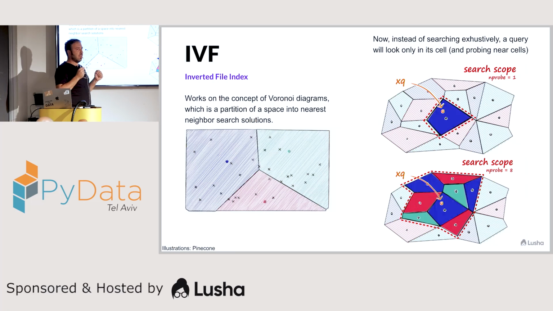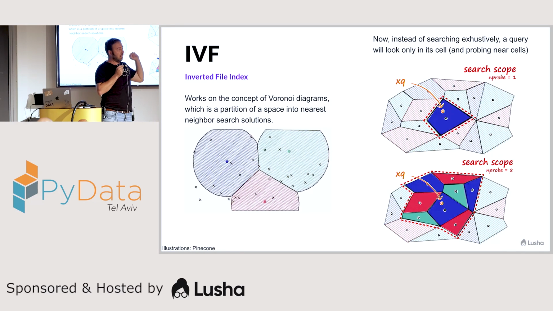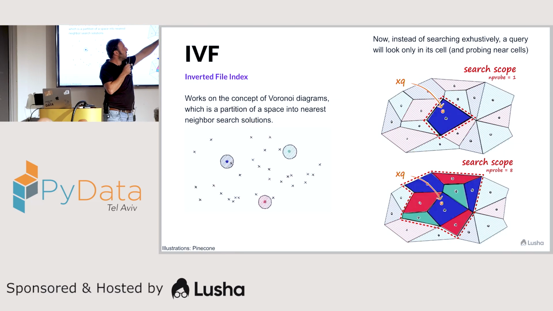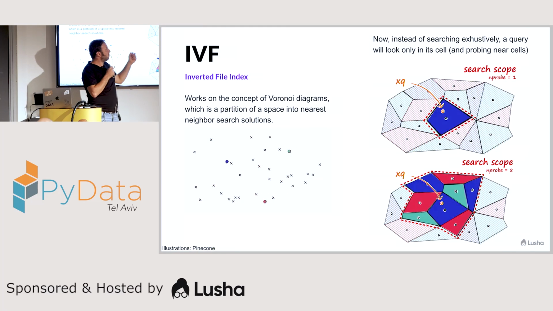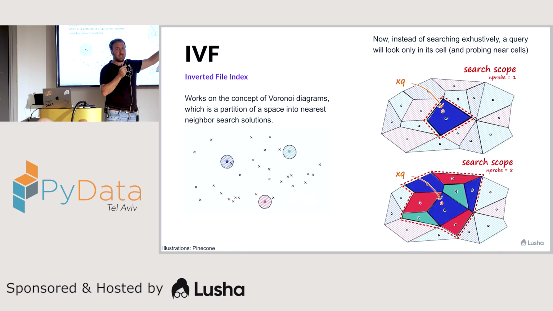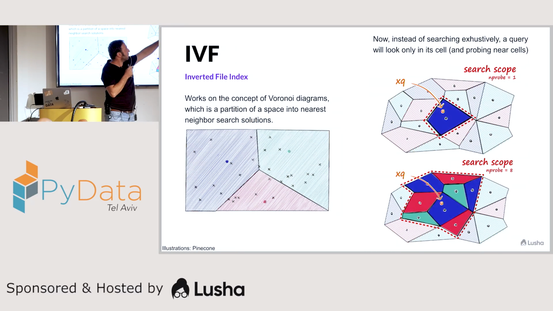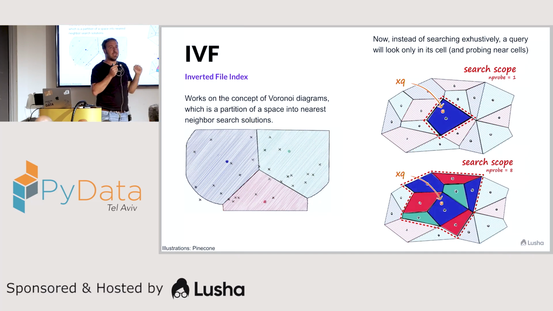And now when I want to find out, for instance, here, I've got this query vector. And who are the nearest neighbors for that vector? I don't need to search the whole space, all the records in all of the space. I'm just looking at the records inside the same cell, right? But what happens if I'm looking for that query and I've got a nice candidate here, right?